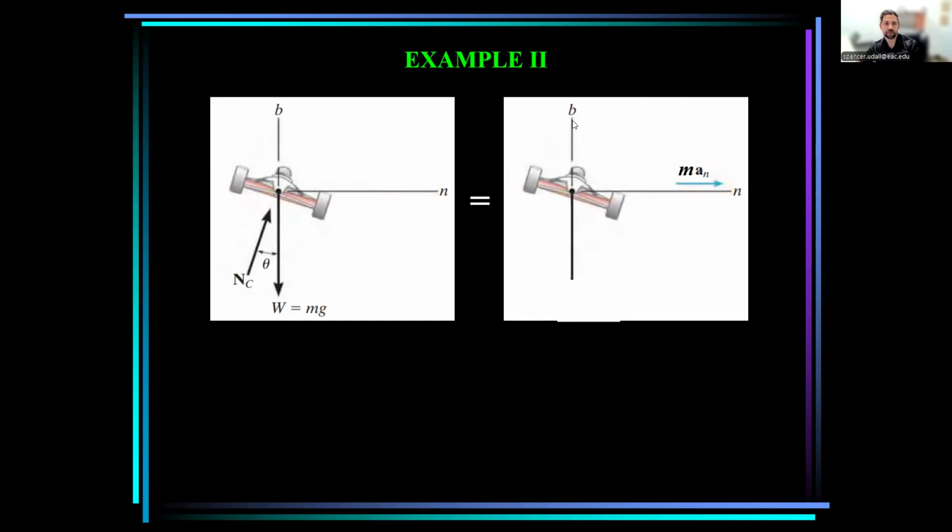Then our mass times acceleration. Notice that we are looking at this in a different direction. This isn't the T. We're looking at the car from the front angle. So really the T would be coming out of the screen towards you. That would be the T direction, the direction of the velocity.